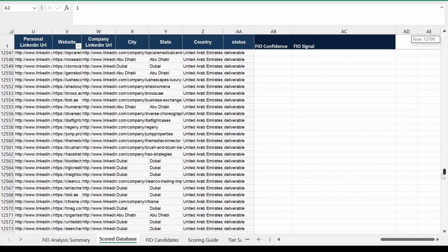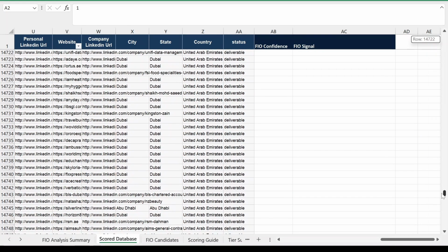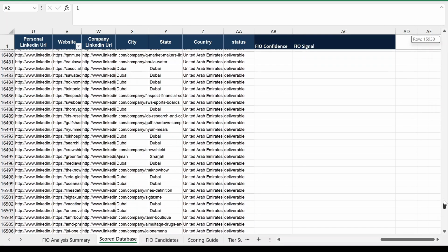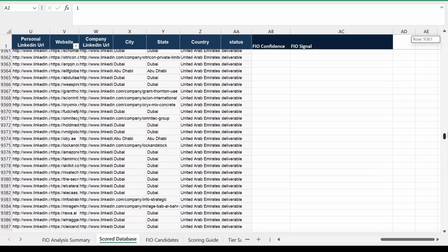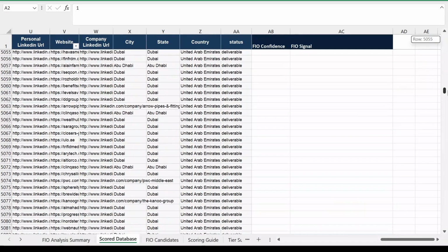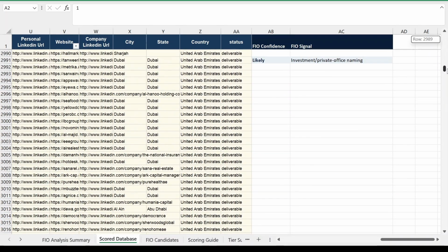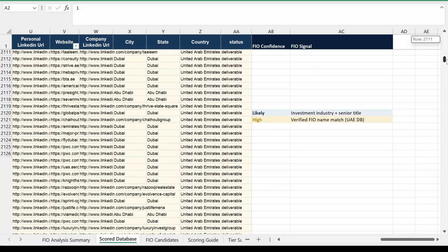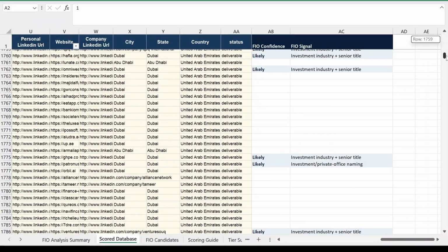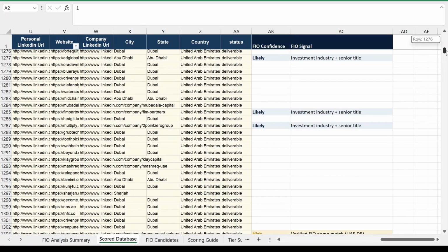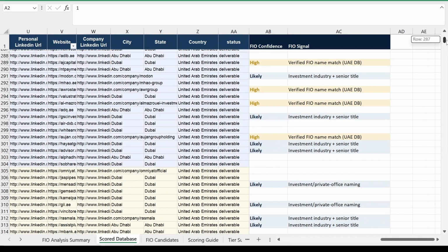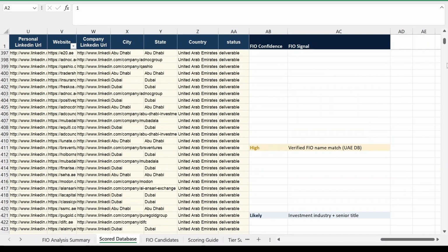And as I go down to the bottom, as the scores get lower and lower, that's typically going to mean that they're not going to be somebody that would be affiliated. Doesn't mean they can't be used for regular campaigns, but if you wanted to really drill down and talk about family investment offices and use the technology to assist you, this is a great tool.